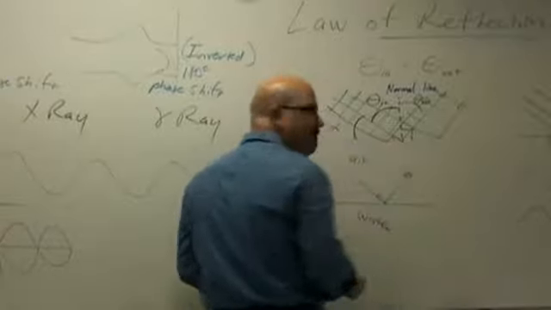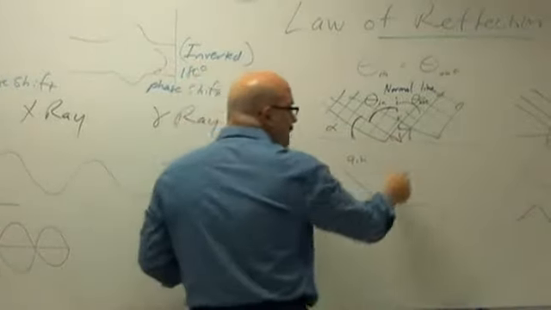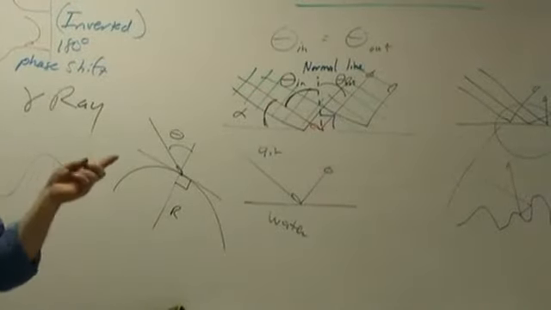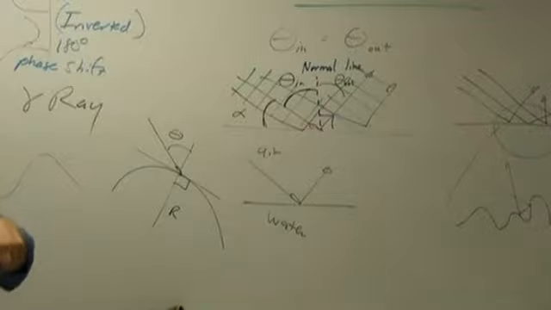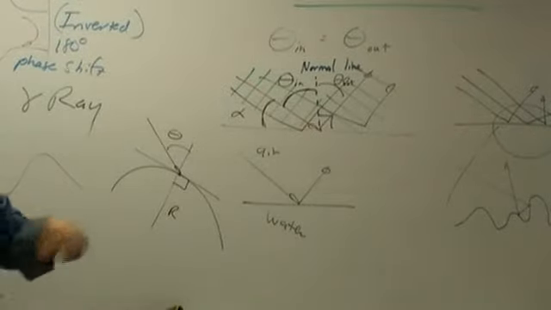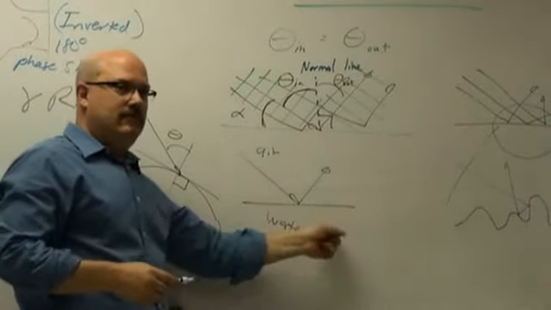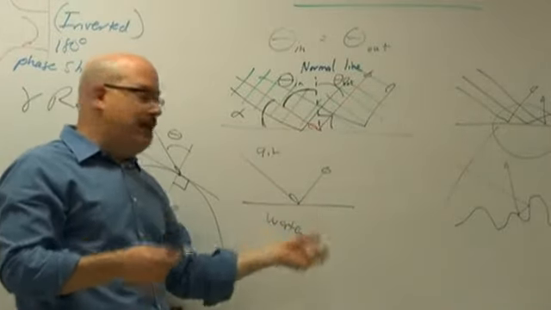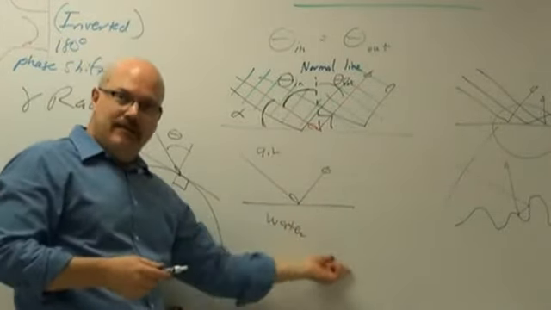And it bounces off. That bounced off wave, will it be upright or inverted? No phase shift or 180-degree phase shift? Yeah, which is more dense? Water. Okay. Now, that one's pretty easy to guess because it's physically more dense.